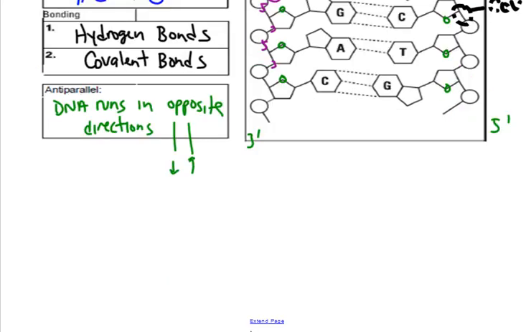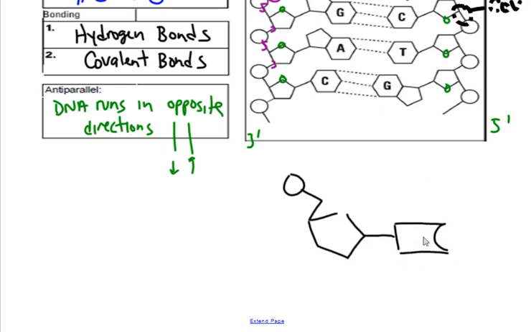Last thing, we'll just kind of review how we get that 3 to 5 designation. You have your phosphate, and we essentially have something that looks more or less like this.